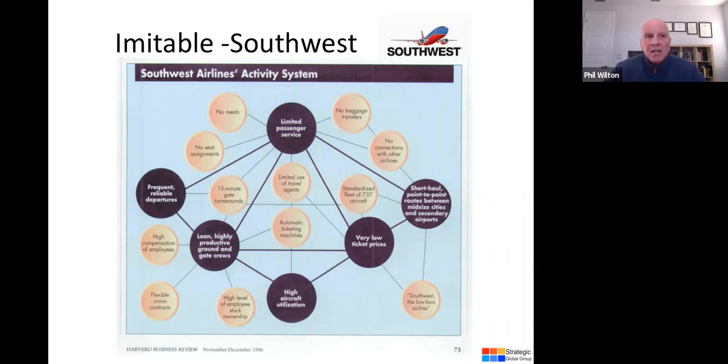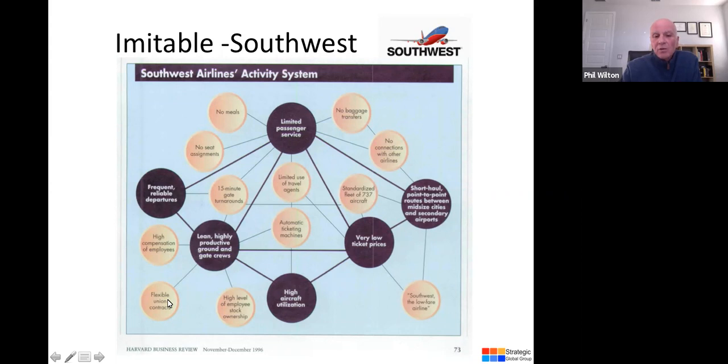But there's an advantage to landing at secondary airports, and that is the landing fees. The landing fees for secondary airports are way lower than they are for main airports. So they save a lot of money there. Over here, there's lean, highly productive ground crews and gate crews. And they achieve this by paying high compensation to employees.